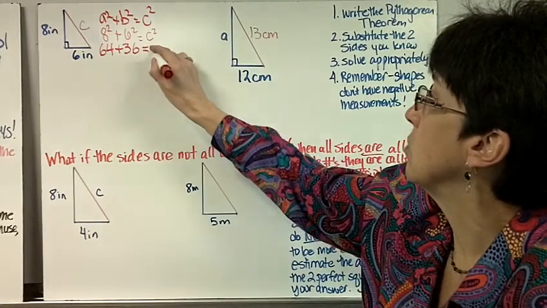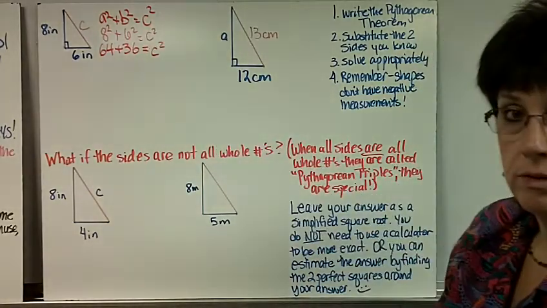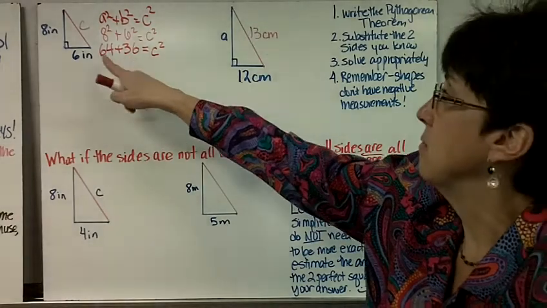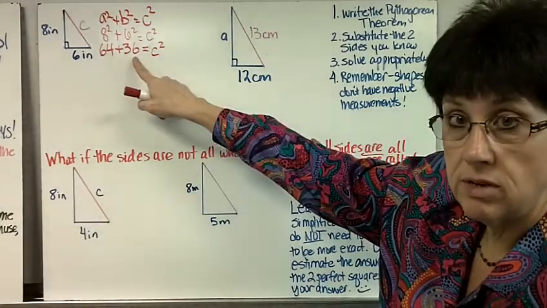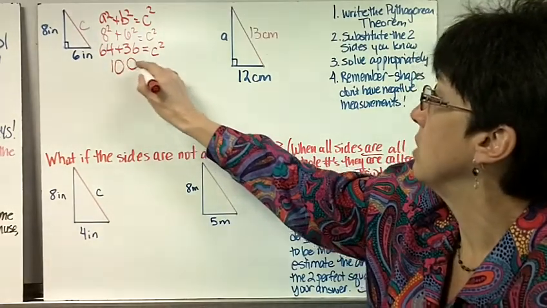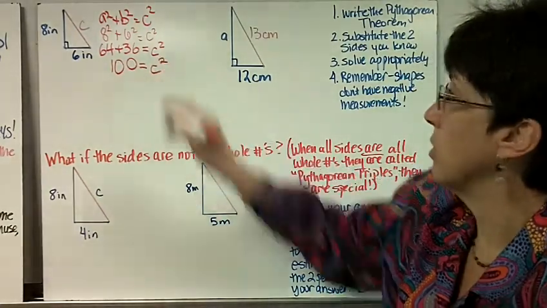And those still equal C squared. 64 plus 36. Well, 64 plus 6 is 70, and 70 plus 30 is 100. So 100 equals C squared.